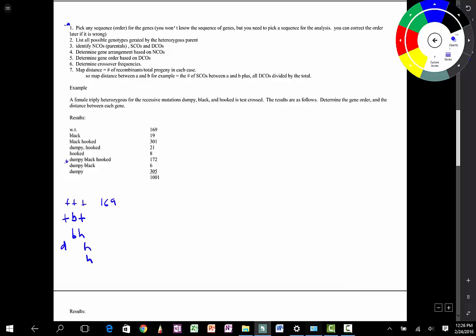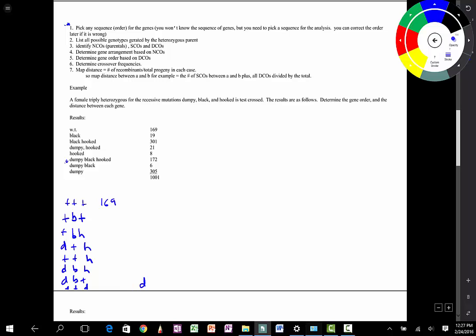Another one that's just hooked. We got one that's dumpy, black, hooked, dumpy, black, and just dumpy, because we're just dumpy over here. And then if a mutant isn't designated, then the other guys are wild type. And so it's going to be best if we can put this one in here.